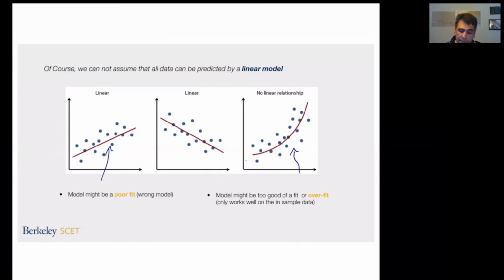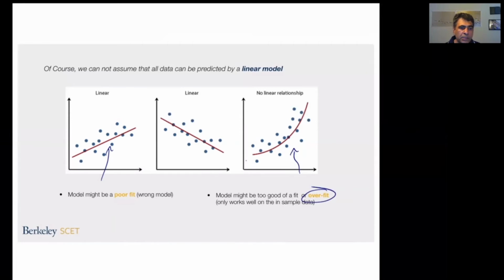The only thing is that sometimes when we choose models, we might get a model which fits really well, almost perfectly, with the data that we've shown it so far, but it might not fit so well for data that it hasn't seen yet. If we have that situation, then that's called overfit.